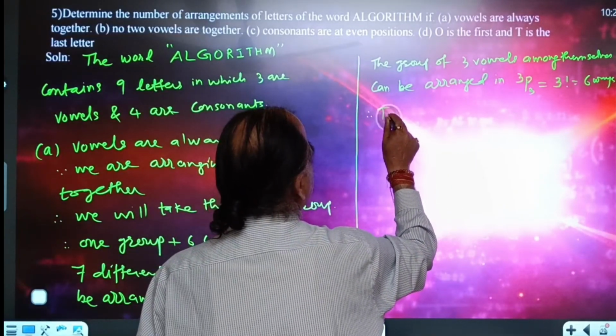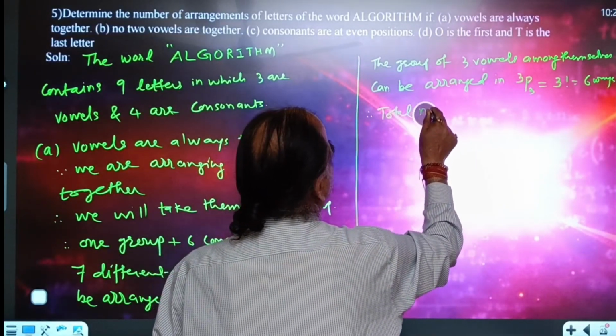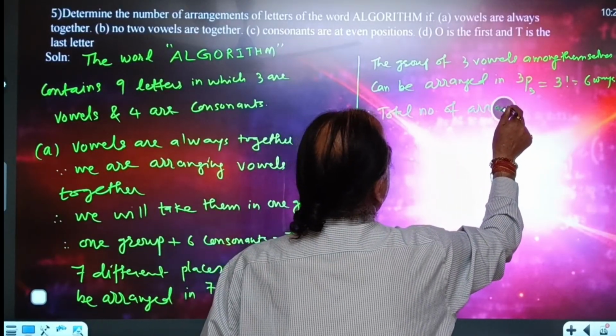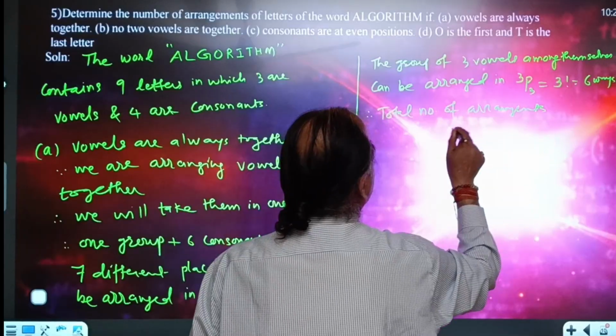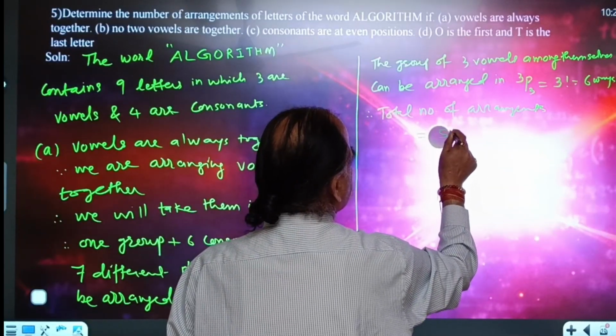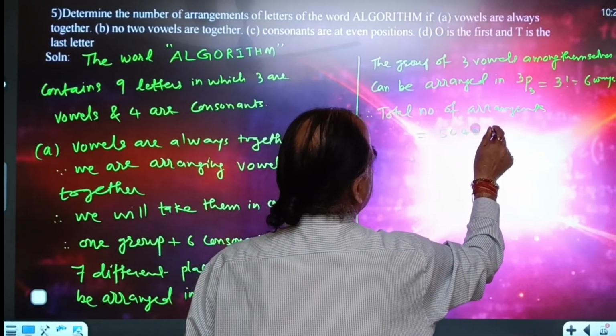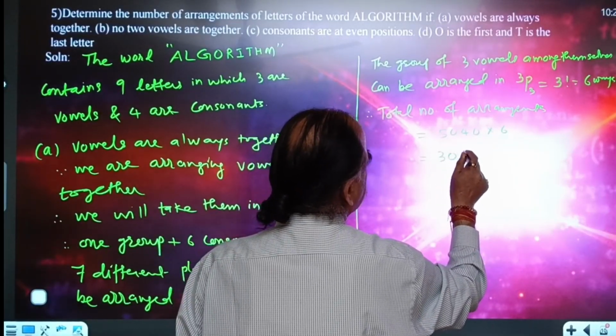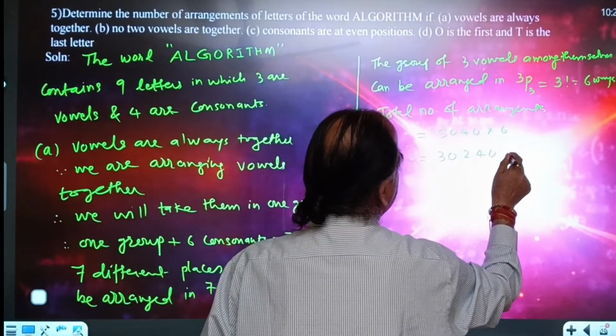Therefore, total number of arrangements is equal to 5040 into 6, 30,240 ways.